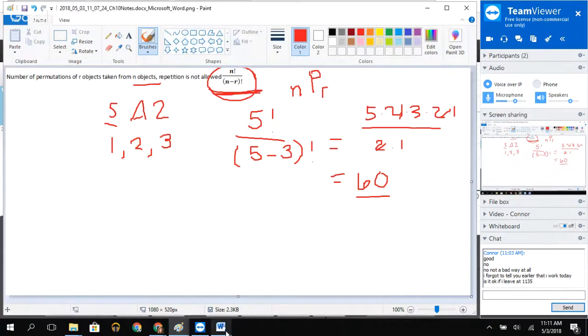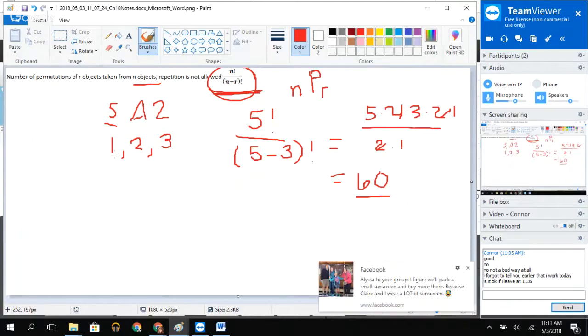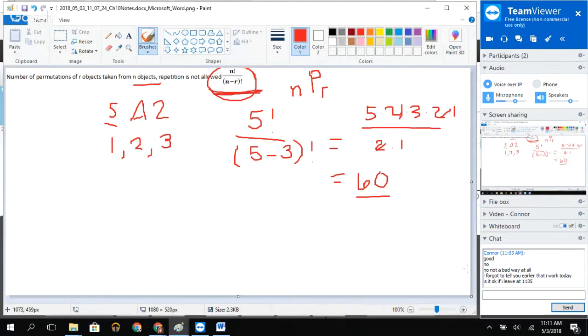When the order is important, like we have someone that gets picked first and they get to pick the first restaurant and the second and the third, or we have the president, vice president, and secretary, we actually care a lot about the order, and that's when we call it a permutation. There is something that we call a combination, which is when we select a number of things from a larger group, but the order doesn't matter.